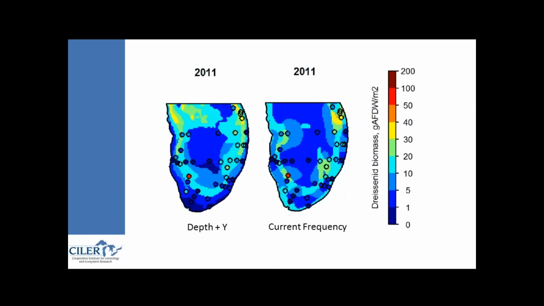But zooming in on 1 year, comparing 1 year with depth and current frequency, we can see here there are some areas where maybe we wouldn't expect to see as high of a mussel biomass at the deeper depth here. But with the current frequency variable, we get a better fit to the data, which is really interesting.